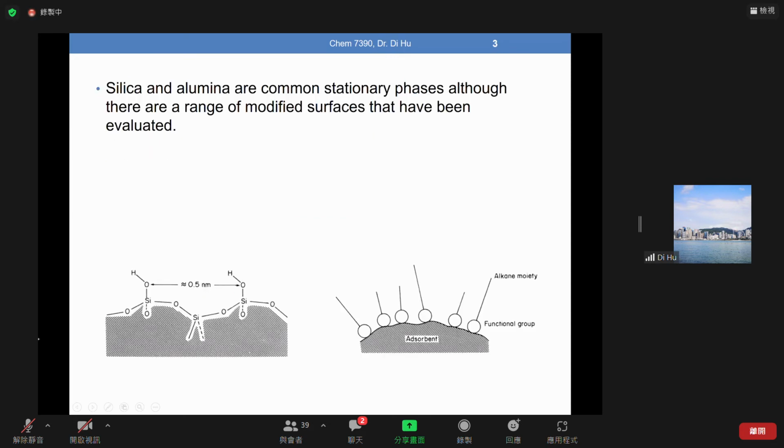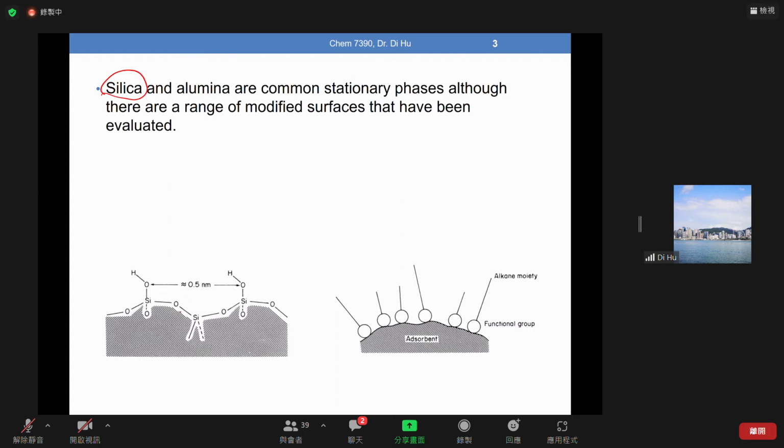In most cases, alumina and silica are the common stationary phases. Even though a range of modified surfaces has been evaluated, silica particles are the most often used because they have higher sample capacity and a wide range of useful forms, as the surface can be modified.